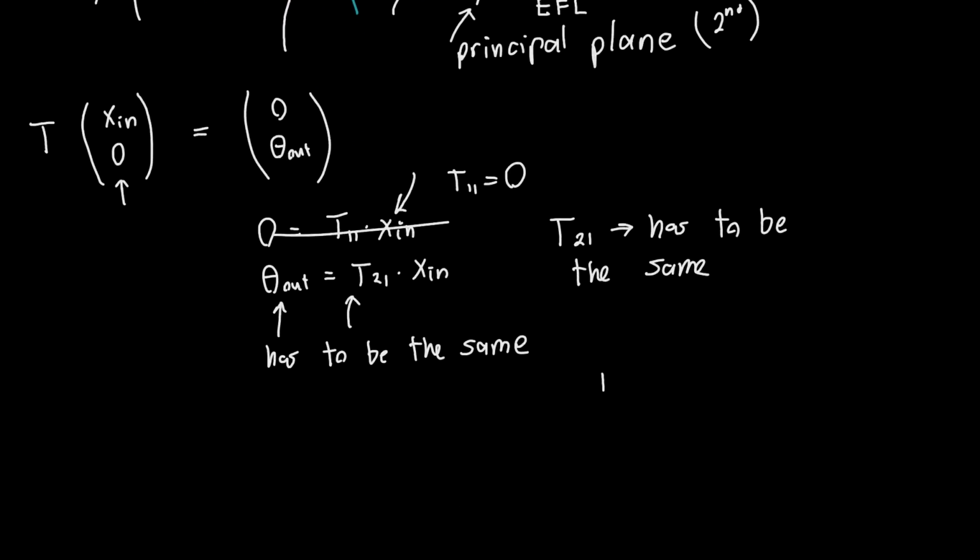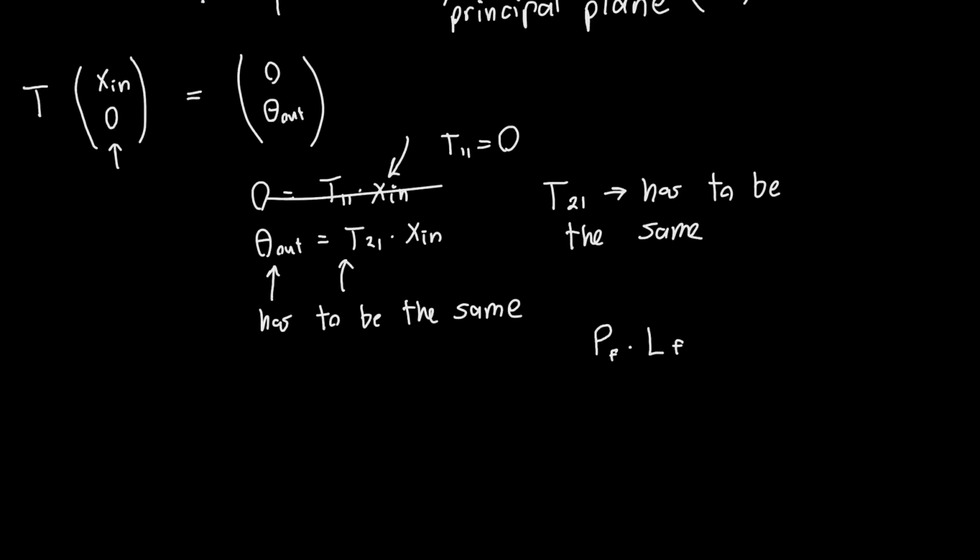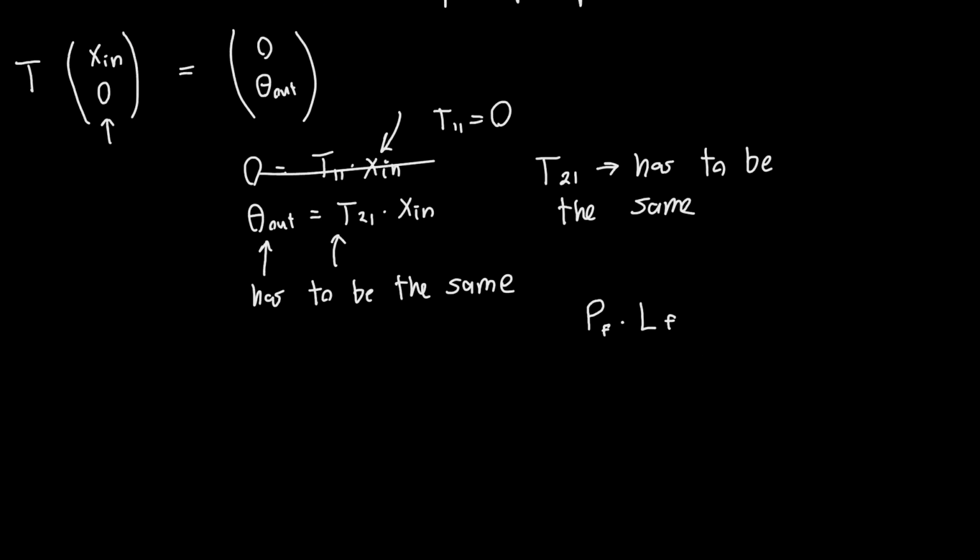Well, we know it's just the propagation matrix by the distance of the focal length times the lens matrix, because first our parallel rays are going through the lens, and nothing happens to them between here and here, so we don't care about this distance. So first they're going through the lens, and then they're propagating by a distance f, or by a distance EFL. Here I've just abbreviated that as f.